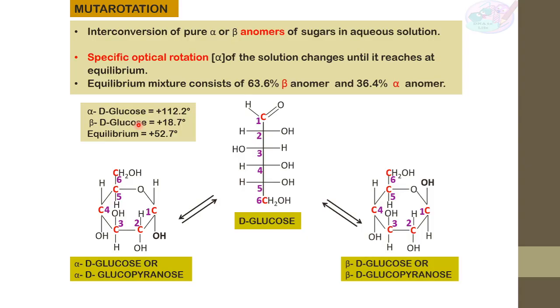Pure beta D-glucose rotates the plane polarized light to plus 18.7 degrees. At equilibrium, when we have 63.6% of beta anomer and 36.4% of alpha anomer, that equilibrium mixture will rotate plane polarized light to plus 52.7 degrees. So that was all about mutarotation.